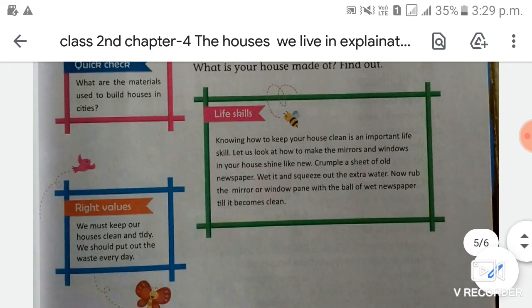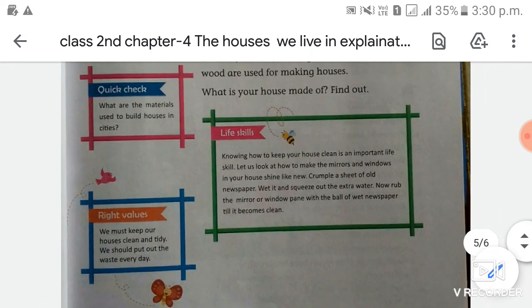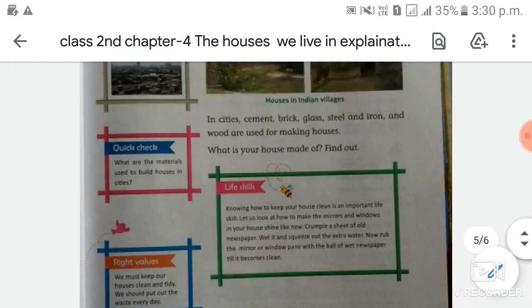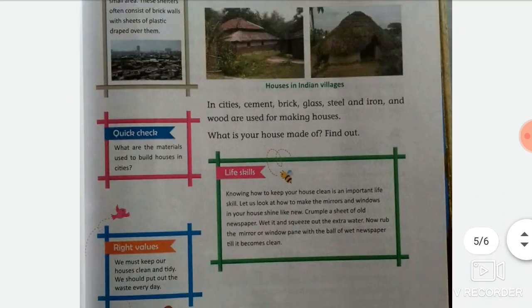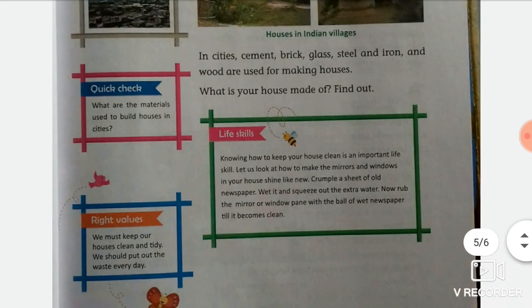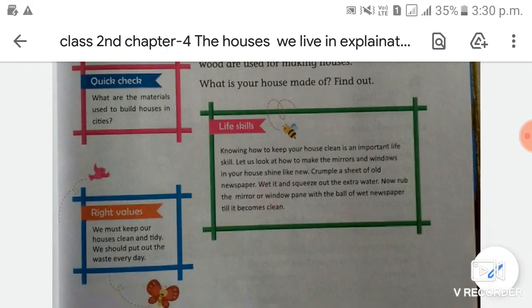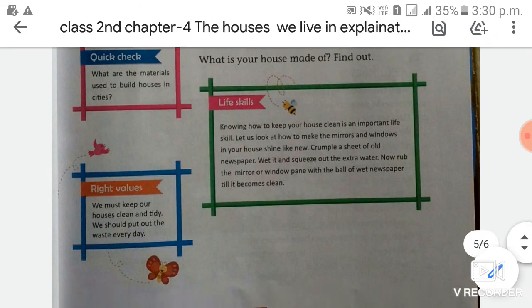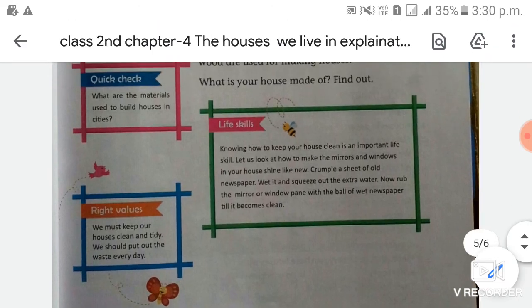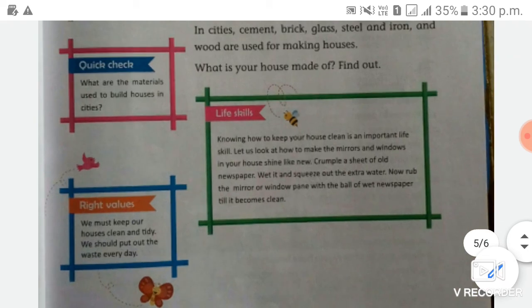You should put out the wastage from your house on a daily basis. Okay, students. So this is the right value we learned in this chapter, that we should always keep our houses clean and tidy. This thing we had already learned in the previous class, but we revised it once in this chapter.